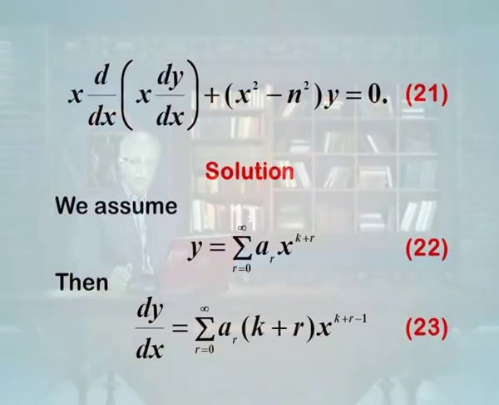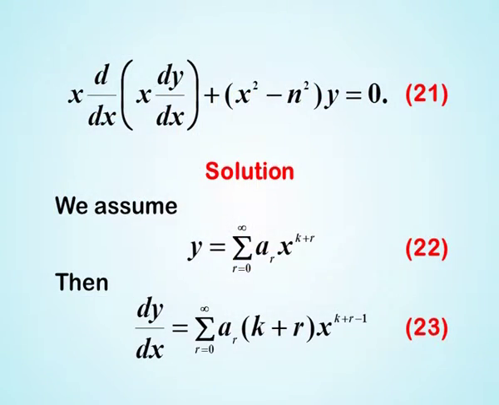We talk now about the solution of Bessel's equation, whether it is 20 or 21. We again start with the series solution, a power series, if you recall. This is equation 22, and differentiating equation 22 with respect to x, we get 23.